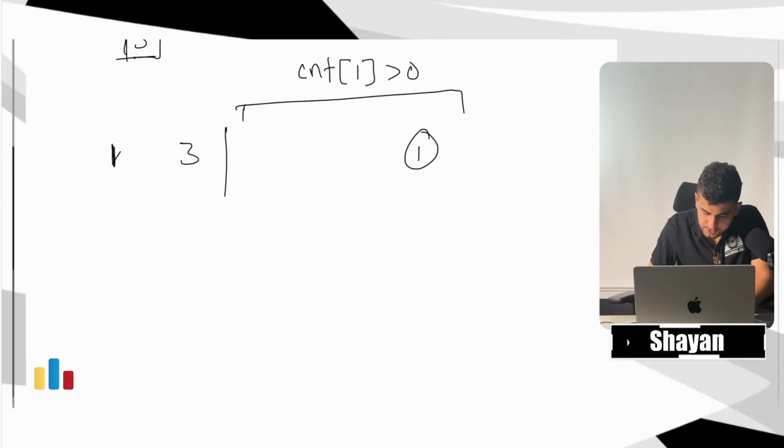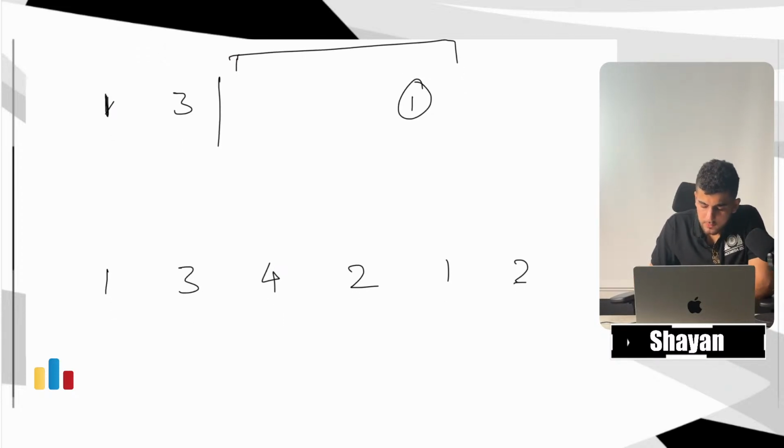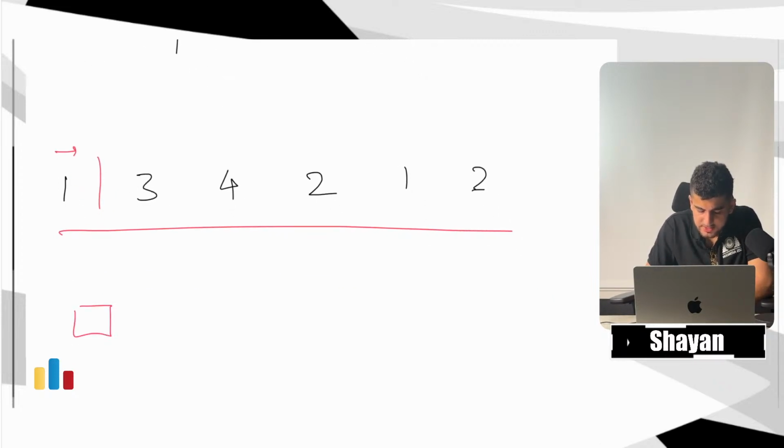For example, assume that our array is like this: 1, 3, 4, 2, 1, 2. This is our array. When I start from the beginning, first I'm here, I see 1. So my sequence is going to be 1. The best sequence that I can make so far is 1. Then this 3 comes.